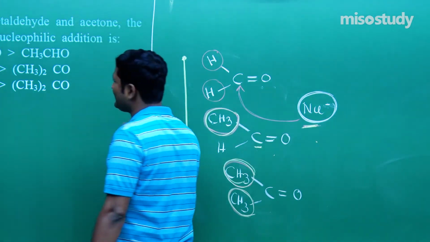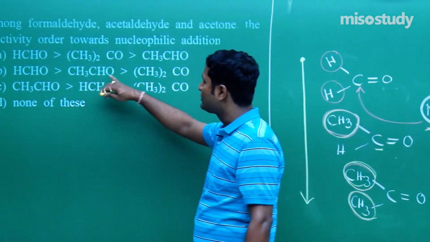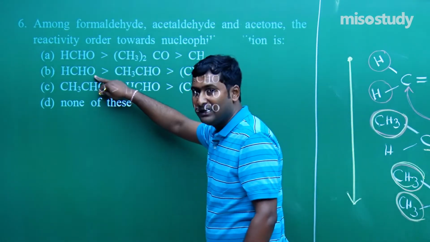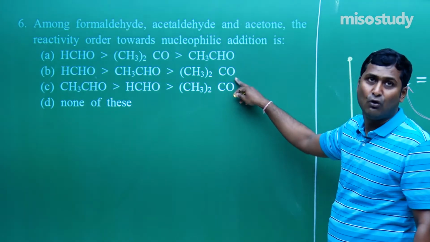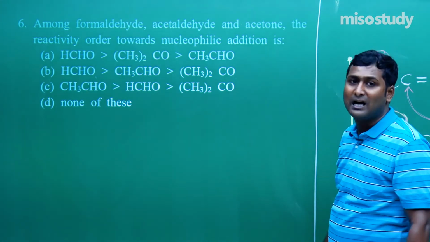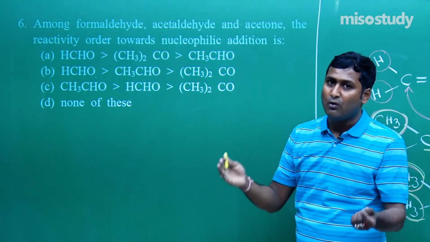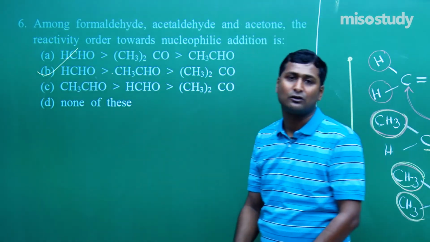So what is the reactivity order? HCHO, CH3CHO, then acetone, that is formaldehyde, acetaldehyde and acetone. This is the correct order of reactivity. So for question number 6, B is the correct option.